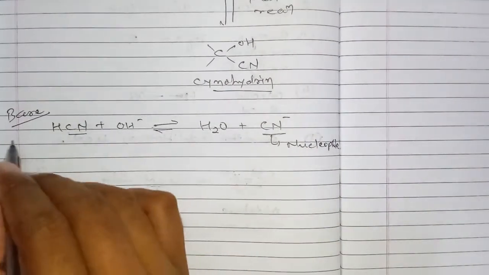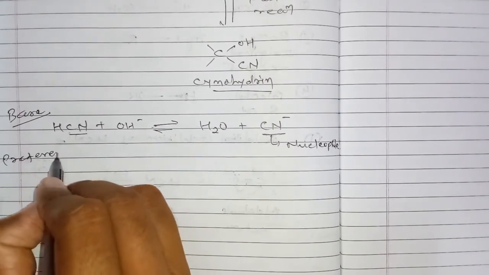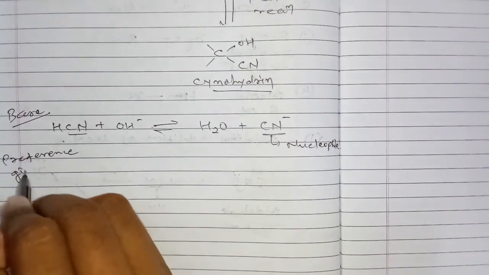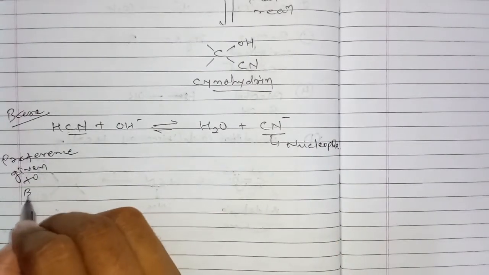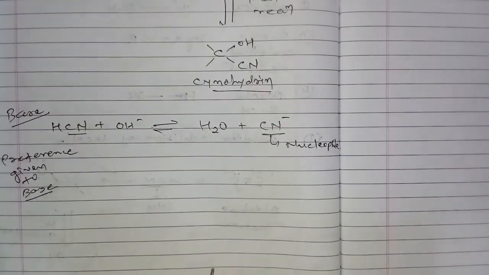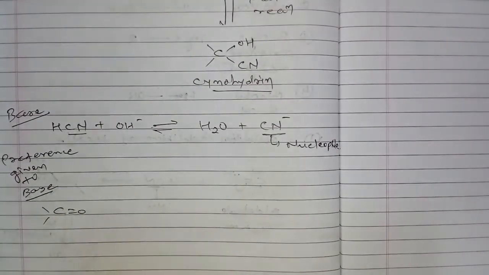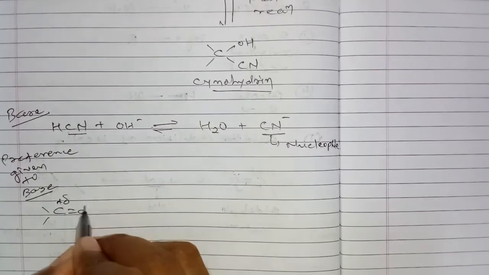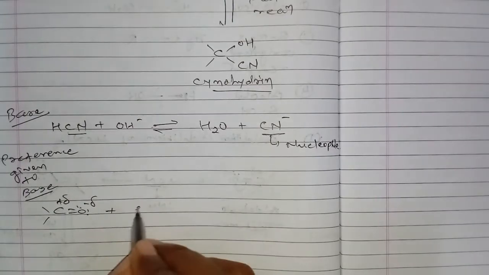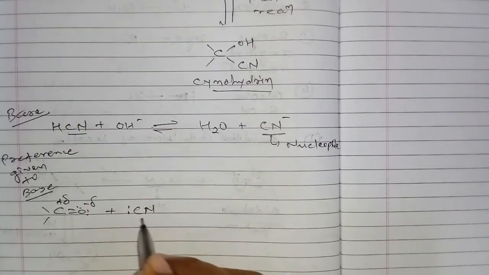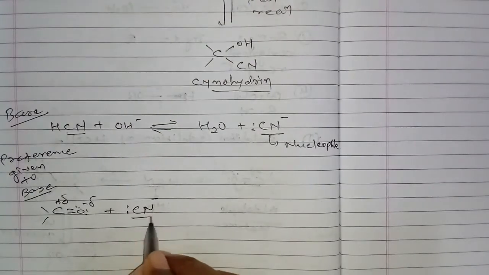So here the preference is given to the base carbonyl group. CN is the nucleophile.